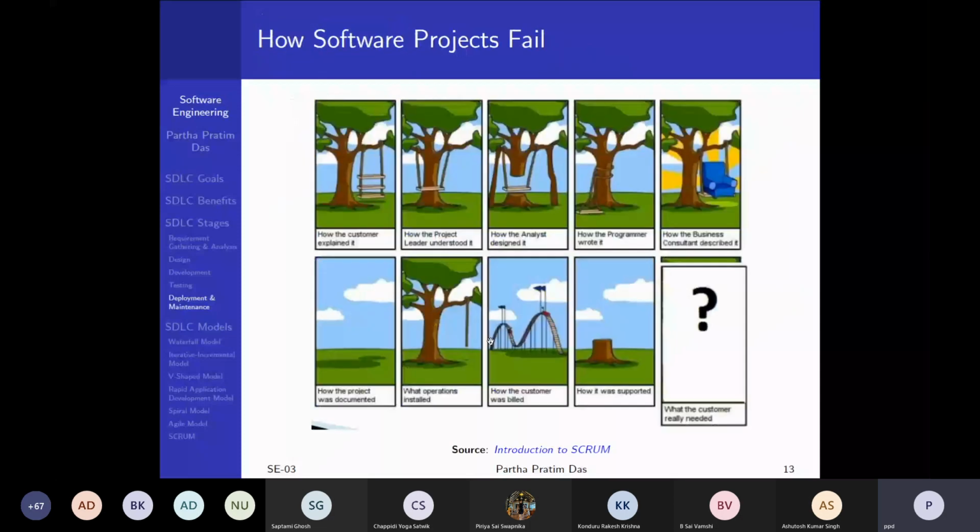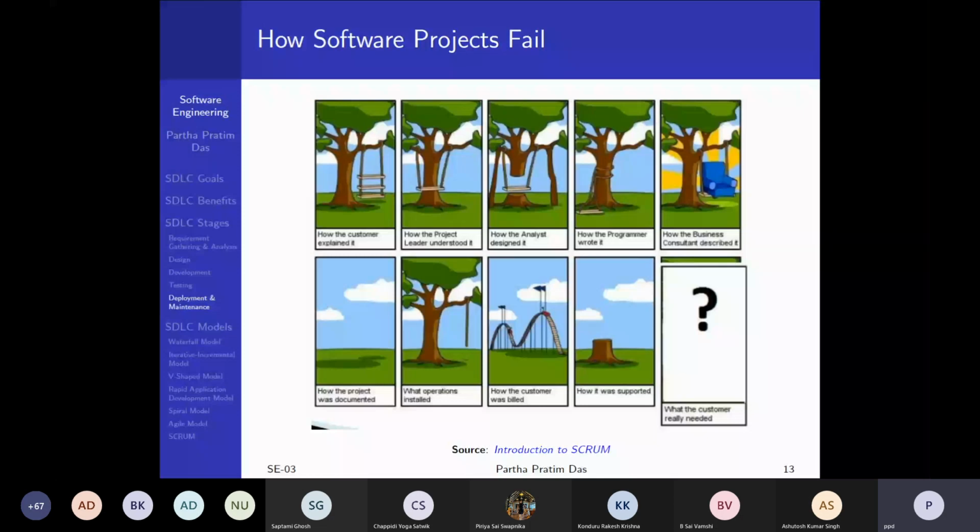Before I proceed further, I would like to take you through this. This is a classical fun description of how things go wrong in terms of these stages. You might think the stages are defined, so it should all be okay, but you will understand why checks and balances are very important.